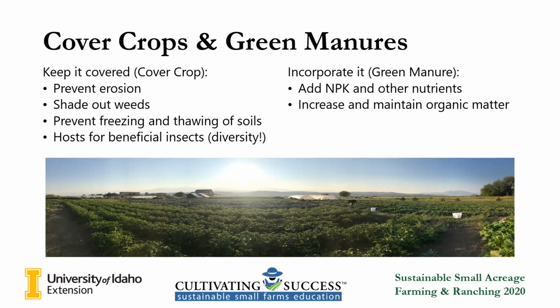Maybe you're preventing the freezing and thawing of soils, or my favorite is just hosting beneficial insects and promoting diversity on the farm. A green manure is technically one of those cover crops that you then till back in or turn back into the soil, or you mow as soon as it flowers and you turn it back onto the land as a mulch or something. So you're using that cover crop for a very specific purpose in terms of nutrients, nitrogen, potassium, phosphorus, etc.